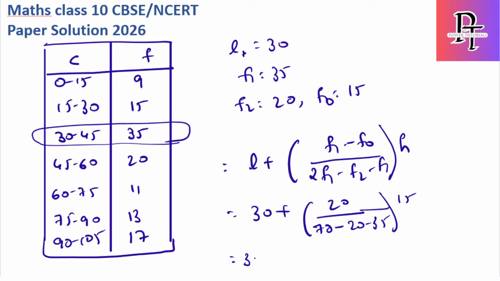So I'll get this as 30 plus 20 into 15 is 300 by 70 minus 55, 70 minus 55 is 15. 15 is 30, so I'll get the answer as 50.